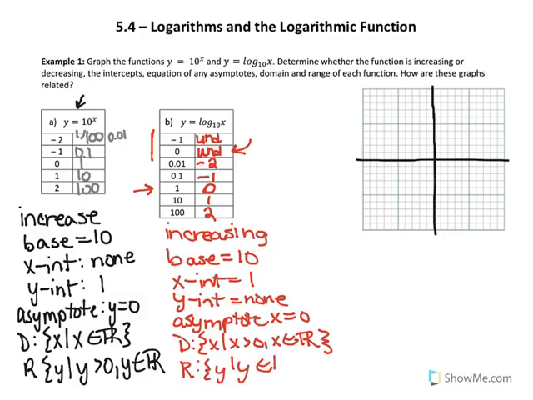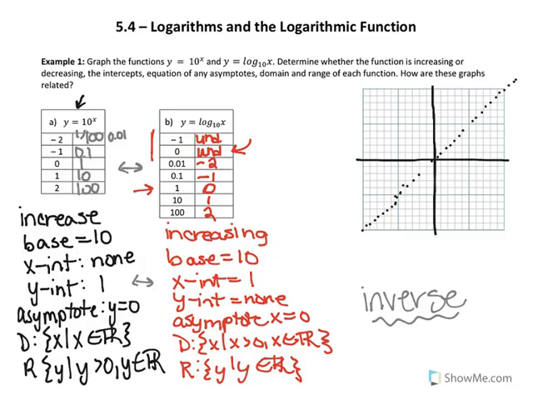And the reason I'm saying that is because if I look at all of this information, everything is opposite of one another. And the reason why is because they are inverse functions. They are inverses of each other. So that means when I graph them, they're going to be symmetrical on that diagonal.